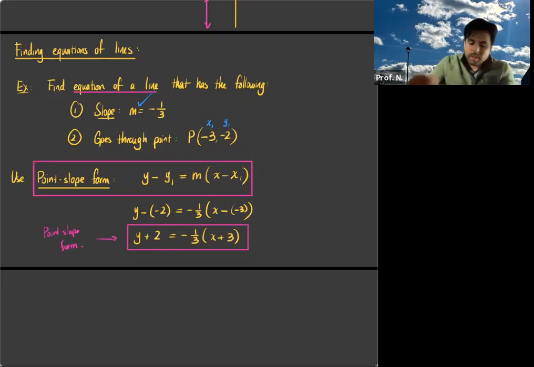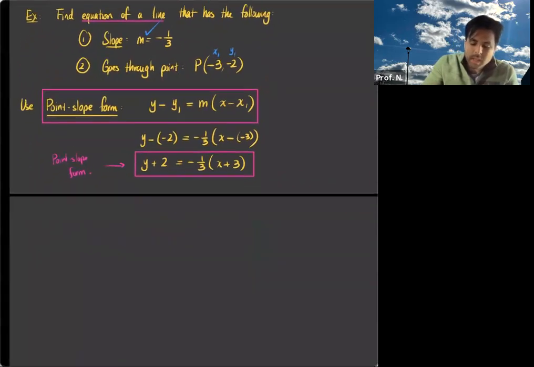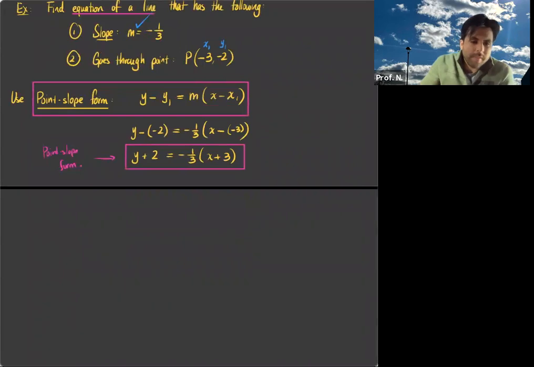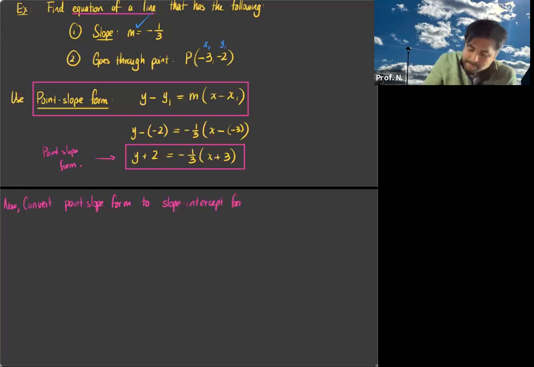But what we could do is rewrite this in the form that we're more comfortable with, which is what? Slope-intercept form. So now I want to convert point slope form to slope-intercept form. I'm going to do this by solving for y.